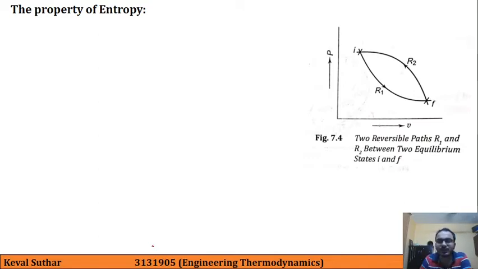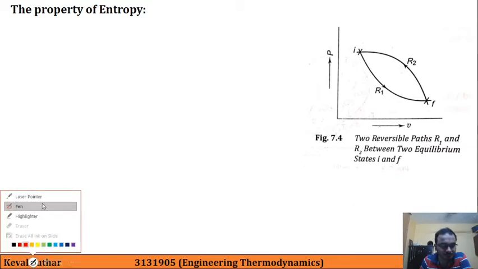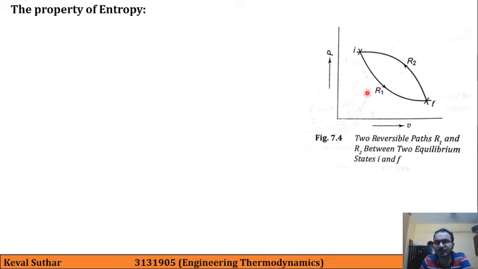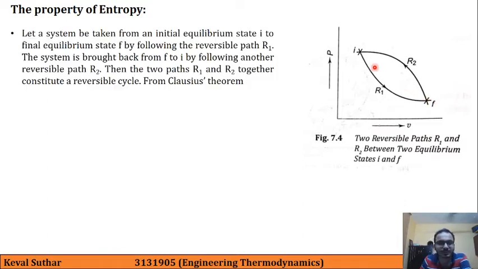Here again we are dealing with a PV diagram. In this PV diagram, our two states are I and F again, and it has a thermodynamic cycle with two reversible paths R1 and R2 respectively, and the states are also equilibrium states.